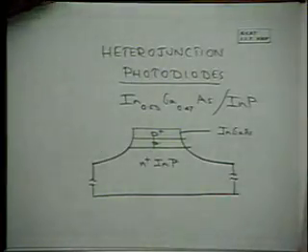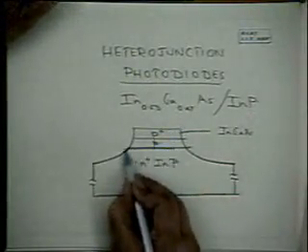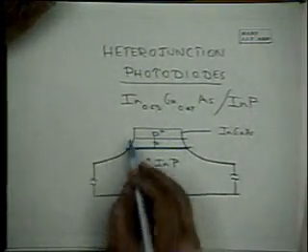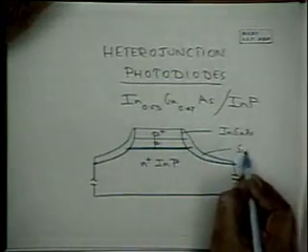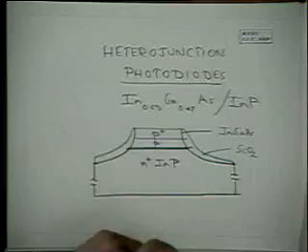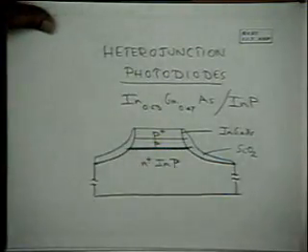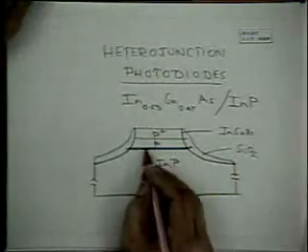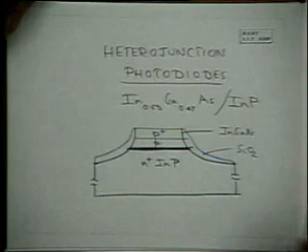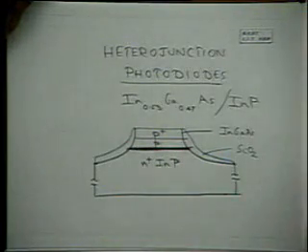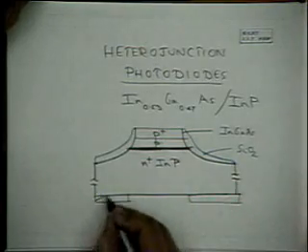So the junction is here, and we have SiO2 passivation, etc. So this is the junction. And the light, we have metal.